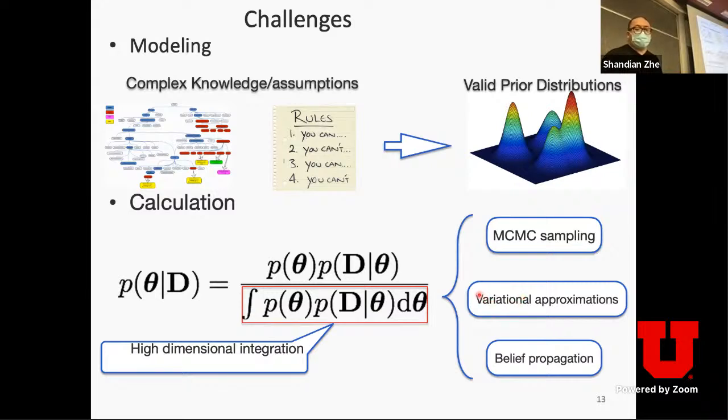But the problem is that variational approximation does not have any unbiased convergence guarantees. MCMC guarantees that asymptotically you're going to converge to the true posterior. But for variational approximation, there is no such guarantee.